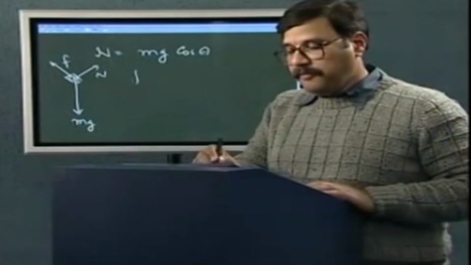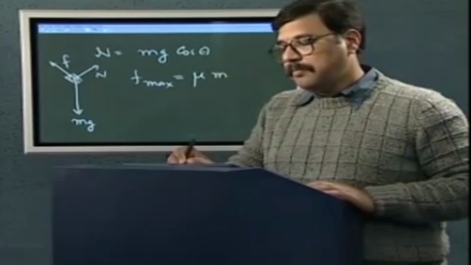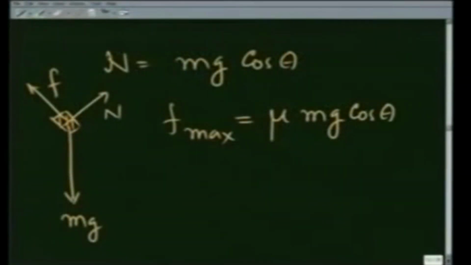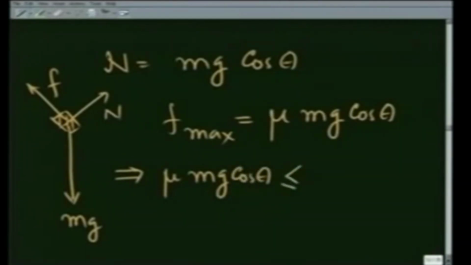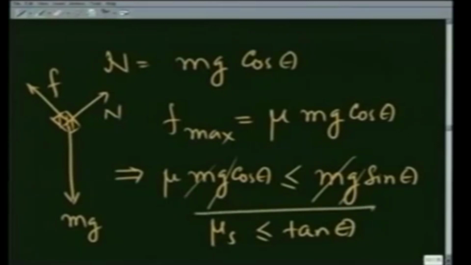Therefore F maximum, or the maximum value of friction, is mu s mg cosine of theta, and this implies that when the frictional force becomes less than or equal to mg sine of theta, the body would start sliding down. Let me cancel m, let me cancel g, and therefore when mu s is less than tangent of theta, the body will start sliding down.